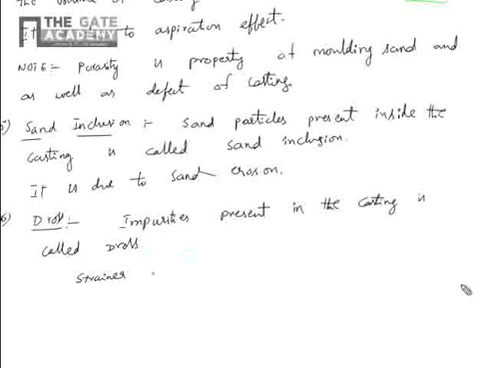A strainer can be used in the sprue; in the middle of the sprue, it acts as a sieve which removes heavier impurities, and a skim bob removes heavier and lighter impurities as well.